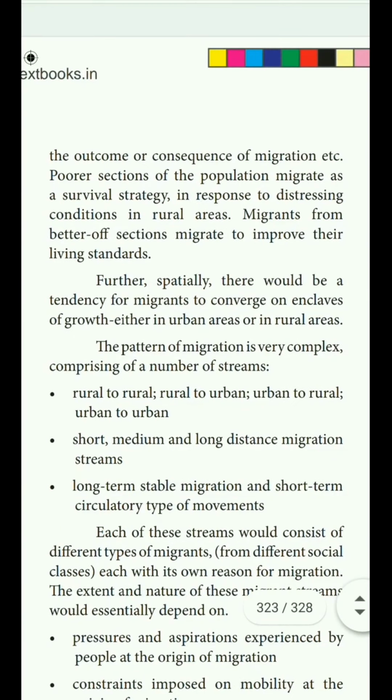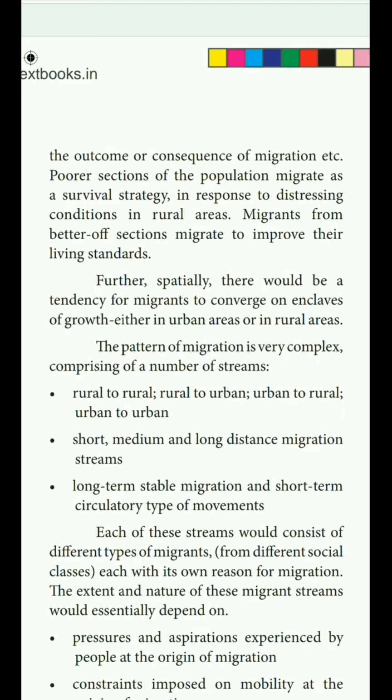So the poorer section of the population migrates as a survival strategy in response to distressing conditions in rural areas. The better-off section migrates to improve their living standard. So, for what purpose are the people moving? Do you know?